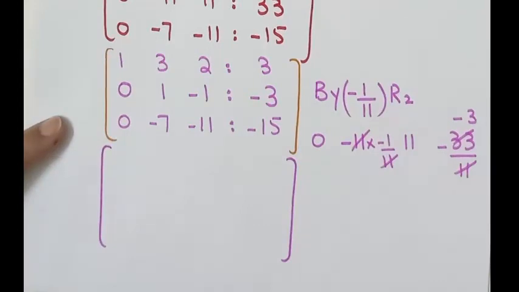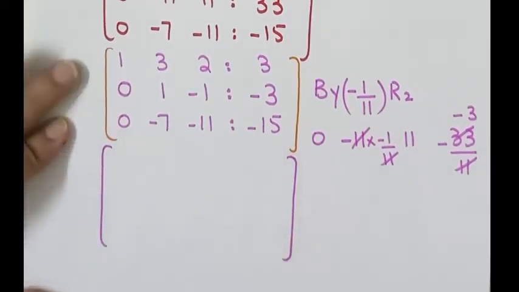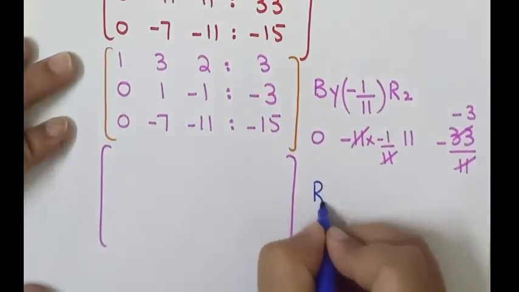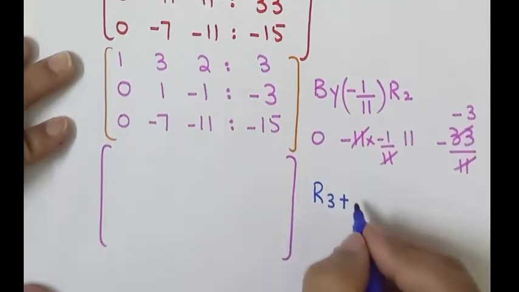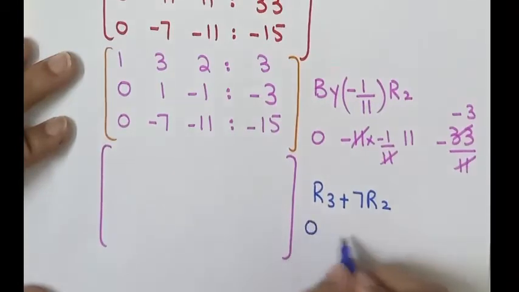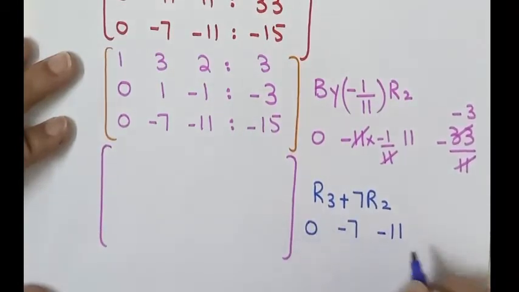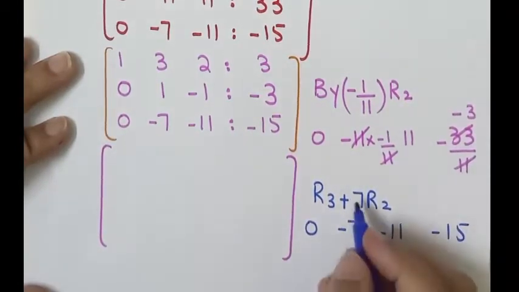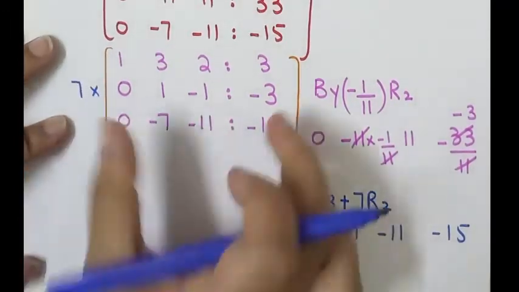Okay, so to make 0 at this position, we will do R3 plus 7 times R2. R3 is 0, minus 7, minus 11, minus 15. Multiply 7 with row 2.